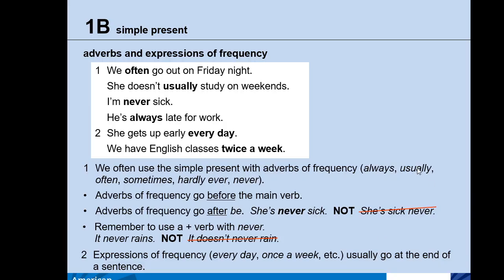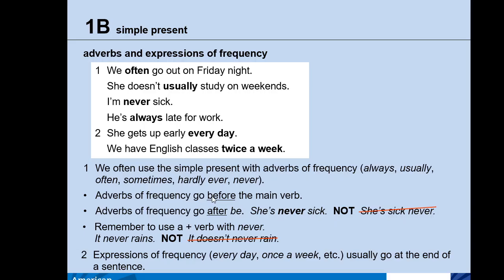Okay, some of the most used adverbs that we have seen in classes are the ones that we have here: always, usually, often, sometimes, hardly ever, never, etc. Some more that maybe you have noticed.